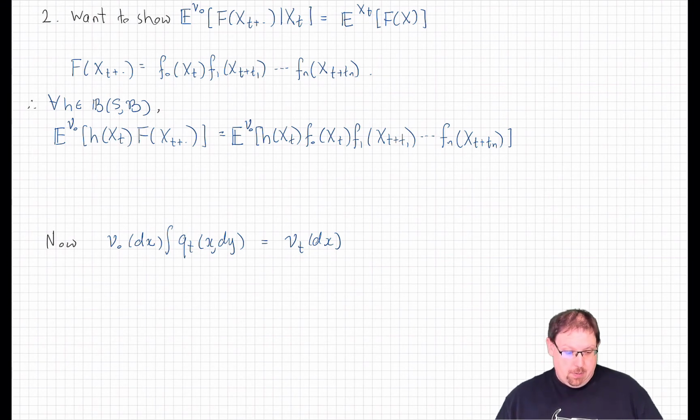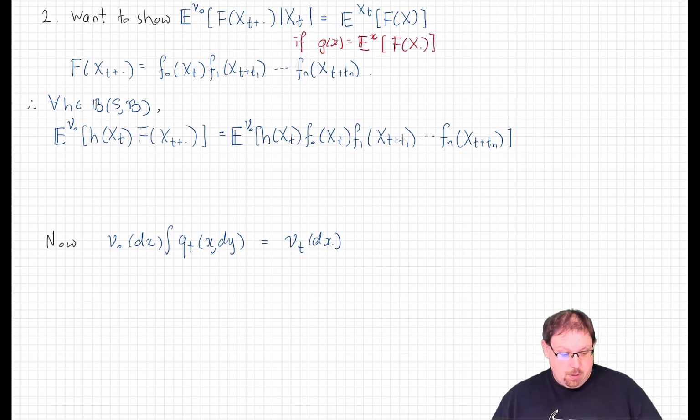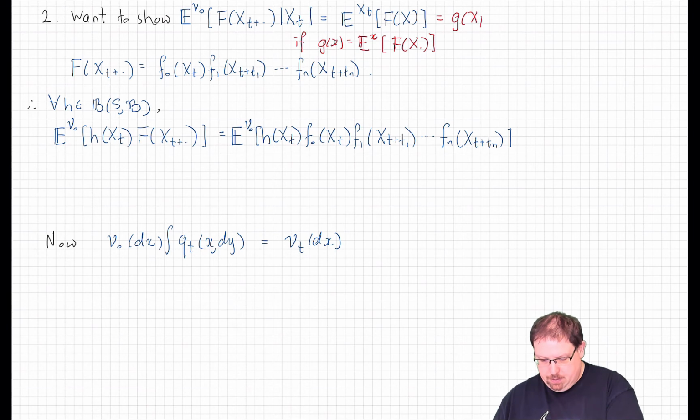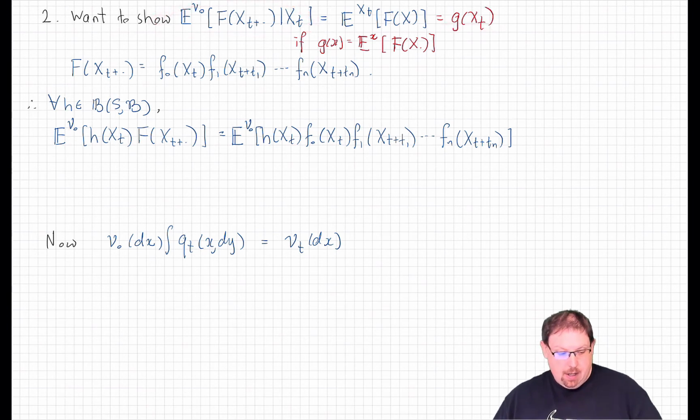And again, to be precise, what we're saying here is that if I define g of x to be the regular expectation of this function of the process starting at distribution point mass at x, as we just saw, that's going to be a measurable function of x, and the result is that this is equal to that function of xt.